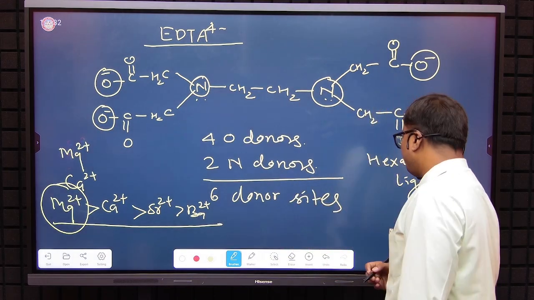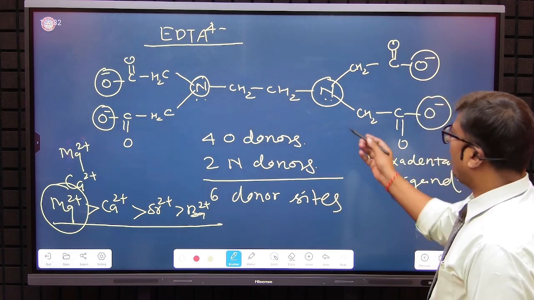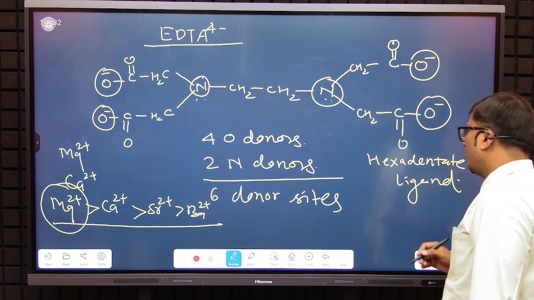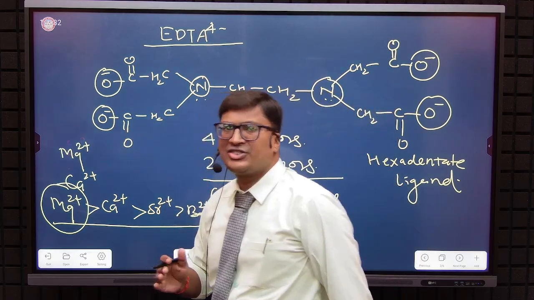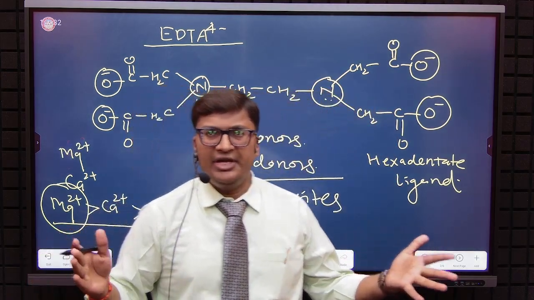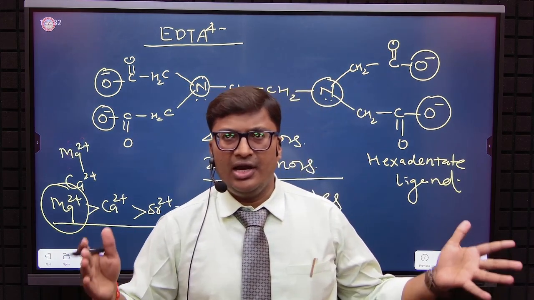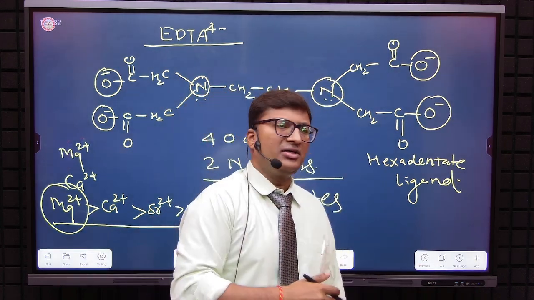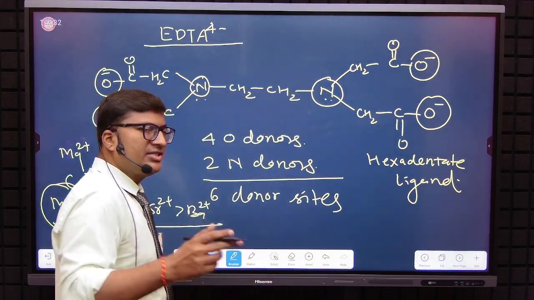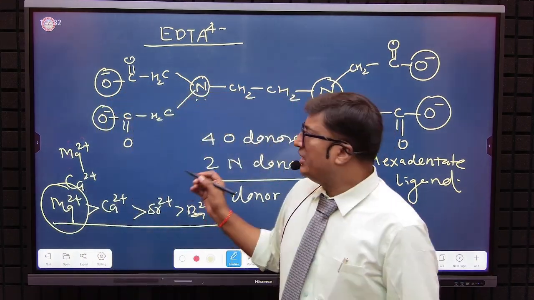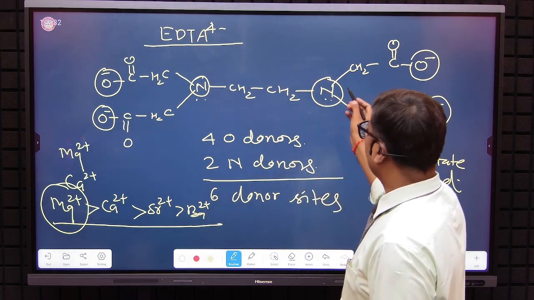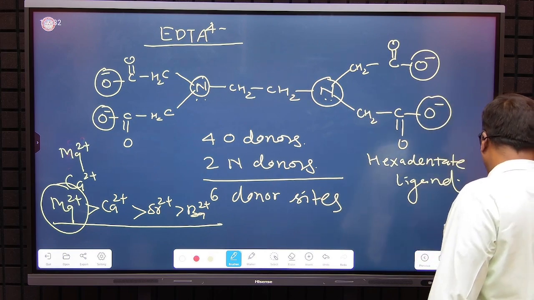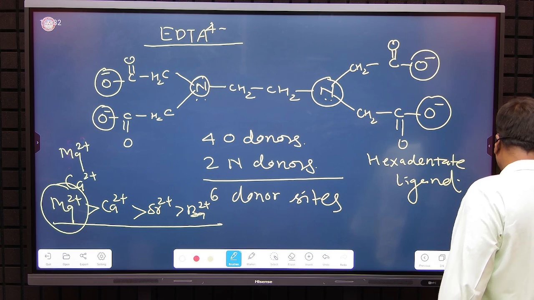So overall, this particular EDTA 4 minus is a hexadentate ligand. So these 6 donor sites are able to coordinate with a single metal cation. Here the metal cation is magnesium 2 plus. So magnesium 2 plus can form complexes with this particular ligand. So what is the structure of the complex?